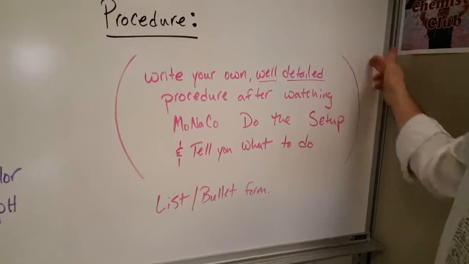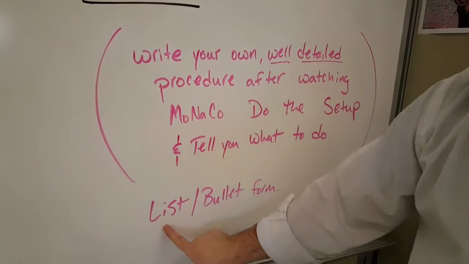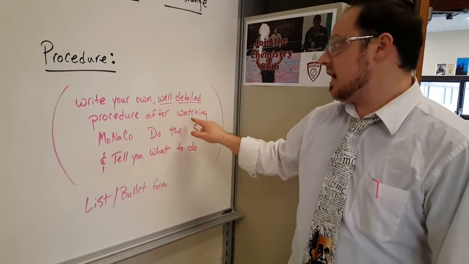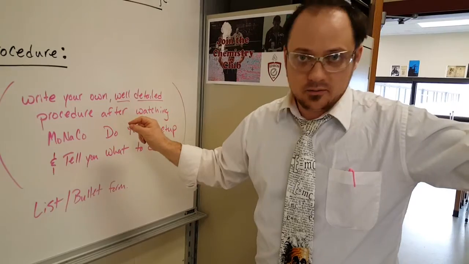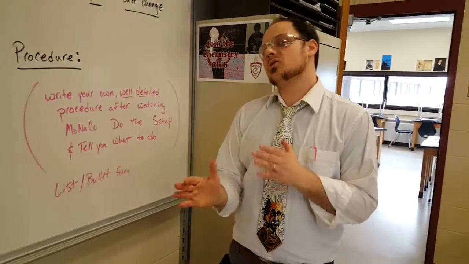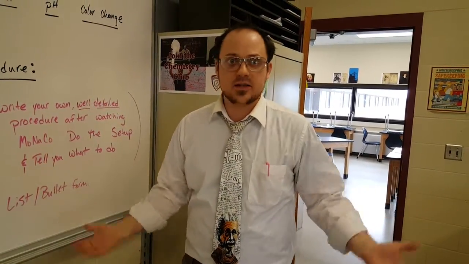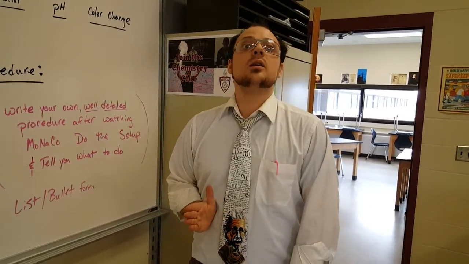Now, for your procedure, I better not see this written in paragraph form, because I want to see a nice listed, bulleted form showing a well-detailed procedure after you've watched me do this particular example, first sample on this lab. So do the setup and tell what you do. I want it so that a freshman who's never taken chemistry or anything like that could do what I'm doing, by reading the words that you wrote.